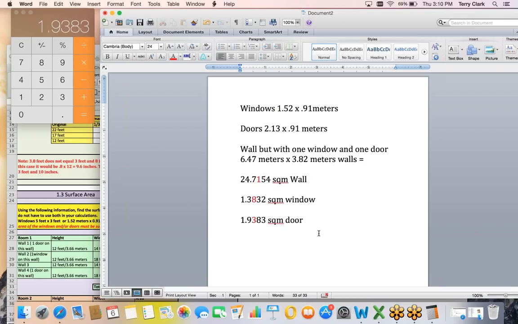Okay, so from here, we're going to go ahead and take the 24.72. We're going to subtract the 1.38, and then we're going to subtract the 1.94.